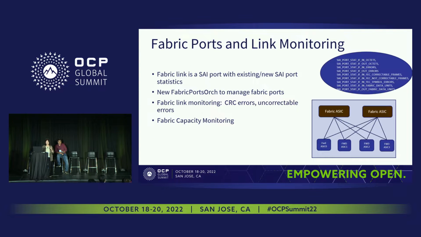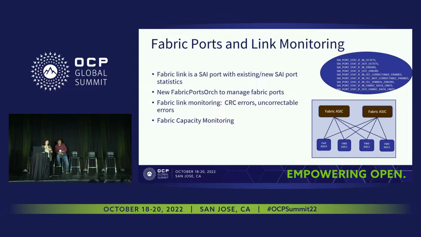Now next, we can take a look briefly at the fabric links, especially in the VOQ system. A fabric link is a type of side port. It inherits the existing side port statistics and also has new side port statistics added, for example, CRC errors, FEC correctable or FEC uncorrectable errors.